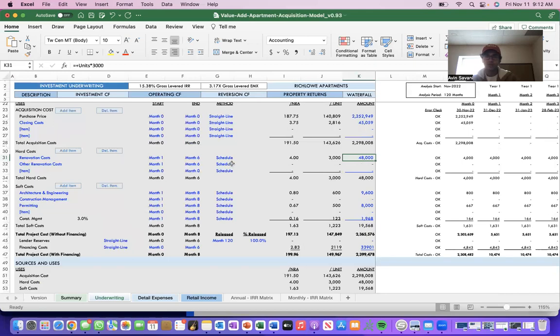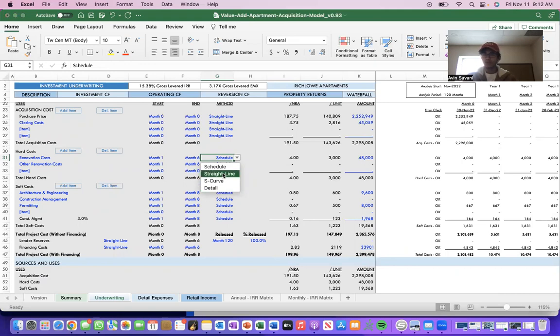Either you're going to do that on a schedule basis, on an S-curve basis, on a straight line, or a detail, right? So this is broken down as far as how you want to pay the contractor period by period, right? So if it's scheduled, then it's going to be a fixed amount every single month, you know?